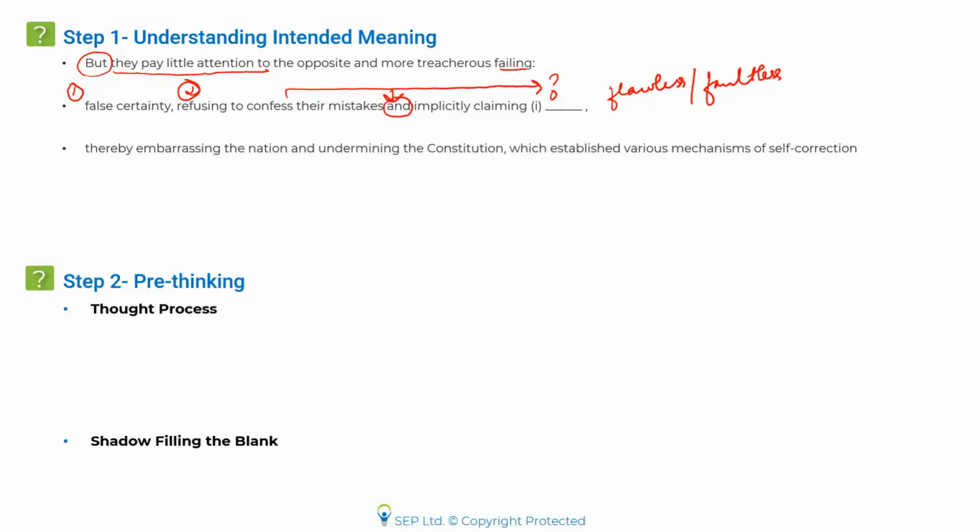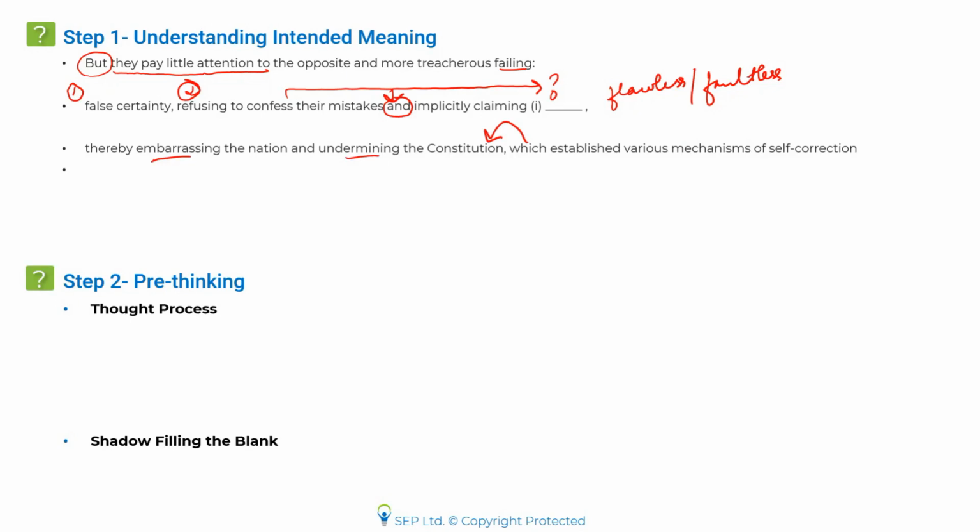Whoever has this failing, whoever puts up a false surety, whoever claims to be flawless and faultless and doesn't admit their mistake, they embarrass, they put to shame. So embarrassing is the keyword here for me as well. The nation and undermining the constitution. Undermining means weakening the constitution, which established various mechanisms of self-correction. So this constitution has inbuilt methods of self-correction. All right, so let me put this together.